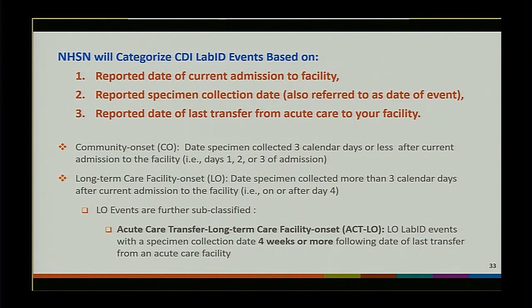Those long-term care facility onset events are then further categorized as ACT low, acute care transfer, if you indicated when you reported that event that the resident recently transferred from an acute care facility. If that resident recently transferred to your facility from acute care within the previous 4 weeks of that specimen collection date, NHSN will categorize that event as acute care transfer, long-term care facility onset.